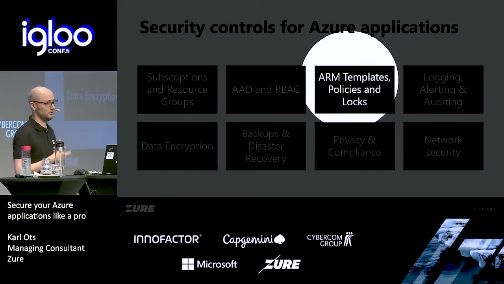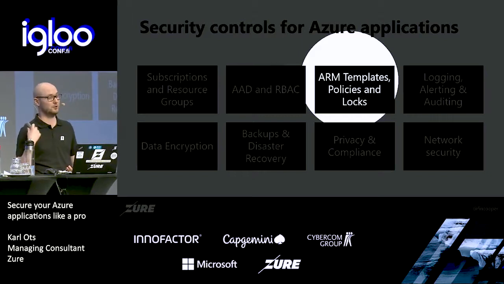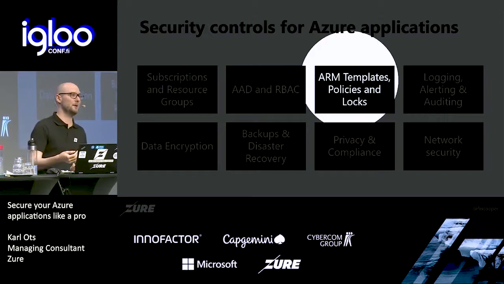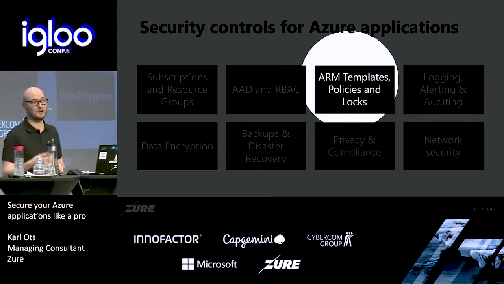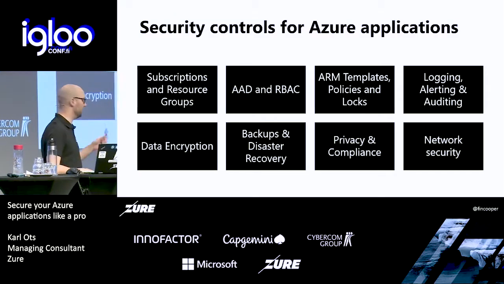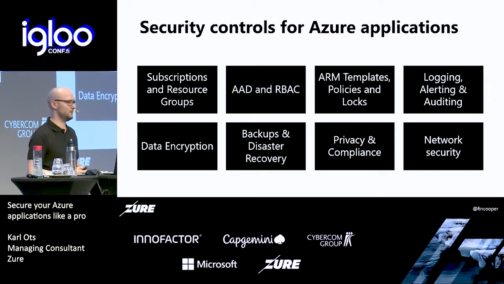And then, of course, we can deploy these services through Azure Resource Manager templates. We can put in place some policies or locks that overrule or complement these authorization patterns that we can add through role-based access control. And then we have logging, auditing, monitoring, encryption, backup and disaster recovery.